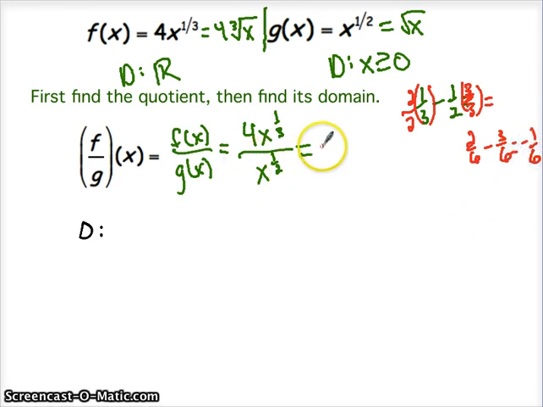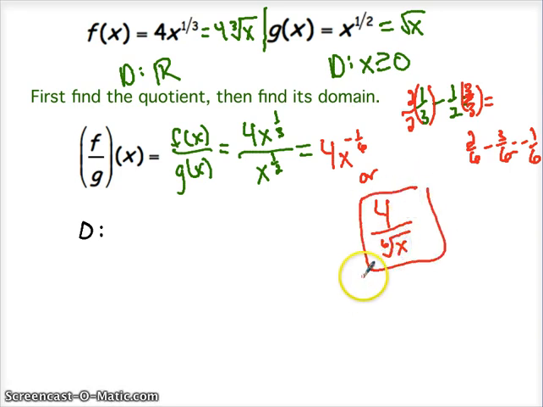Well, that means that my answer here is 4 divided by 1 is 4, x to the negative 1/6, or 4 over, the negative exponent is going to flip that to the bottom, a 6th root of x on the bottom. So there's my final statement.